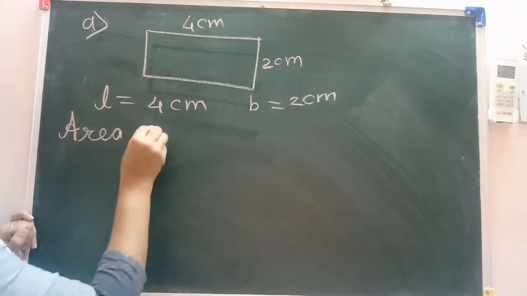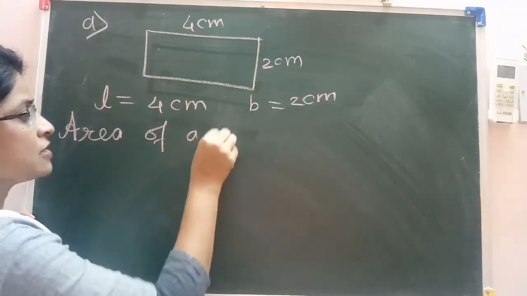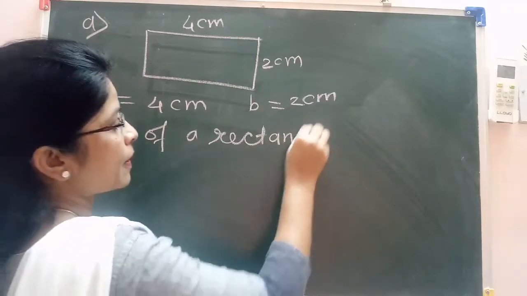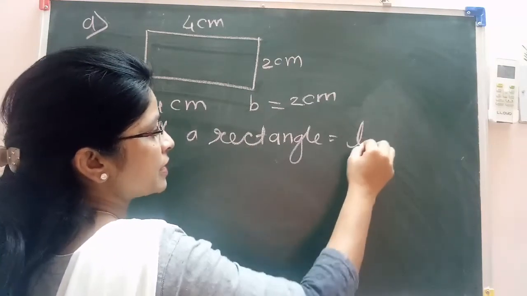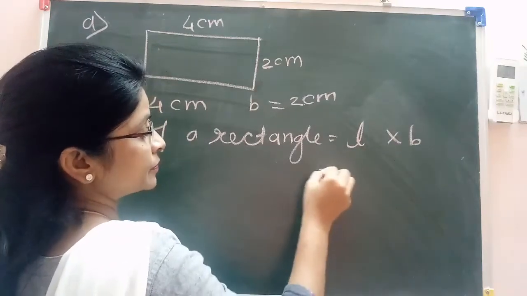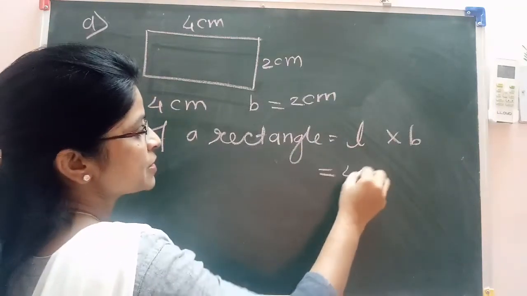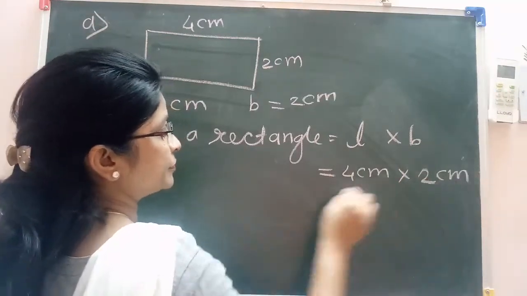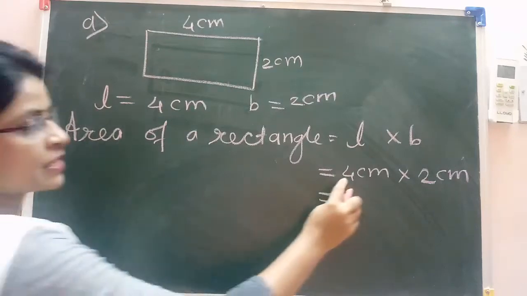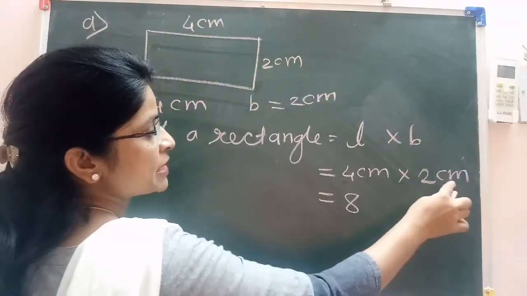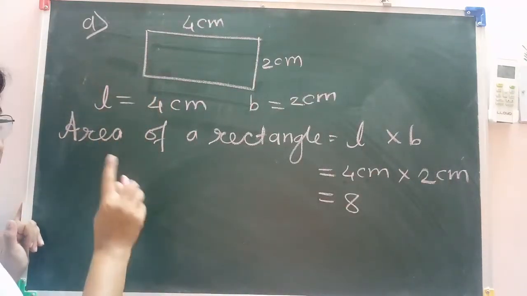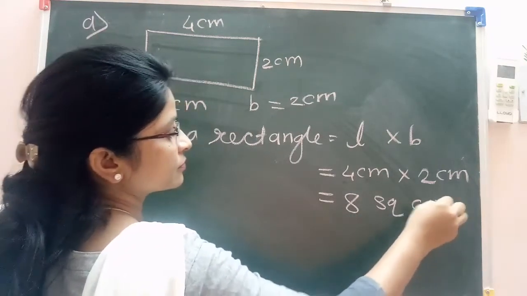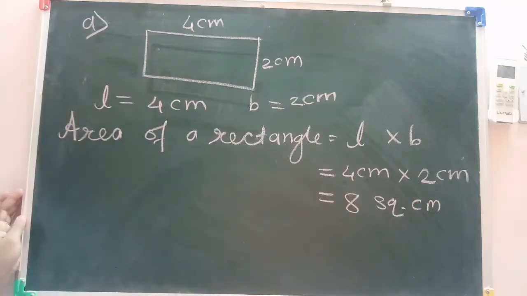We will use the formula for the area of a rectangle, that is length multiplied by breadth. So the length is 4 centimeter and the breadth is 2 centimeter. That is 8 centimeter multiplied by centimeter. For the area unit, it becomes square centimeter.